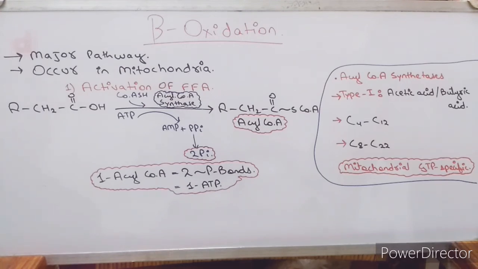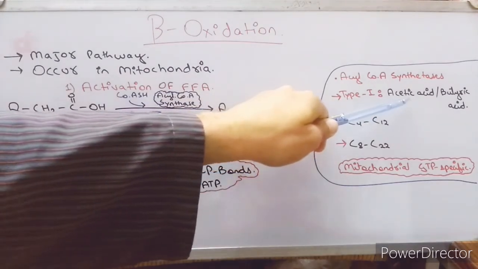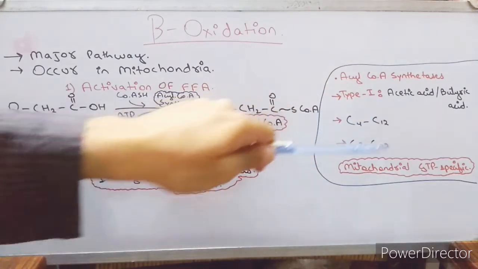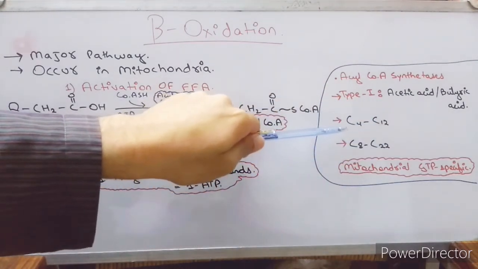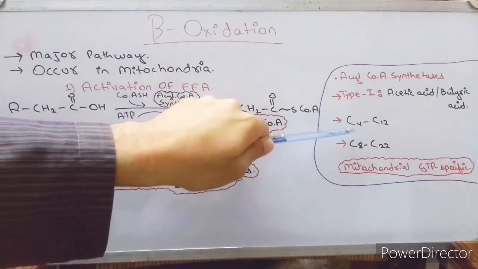There are various types of acyl coenzyme A synthetases. I represented them on the right side of the board. Type 1 is mostly active on shorter chain fatty acids like acetic acid and butyric acid, and the next one is mostly active on medium chain fatty acids, containing carbon numbers from C4 to C12.